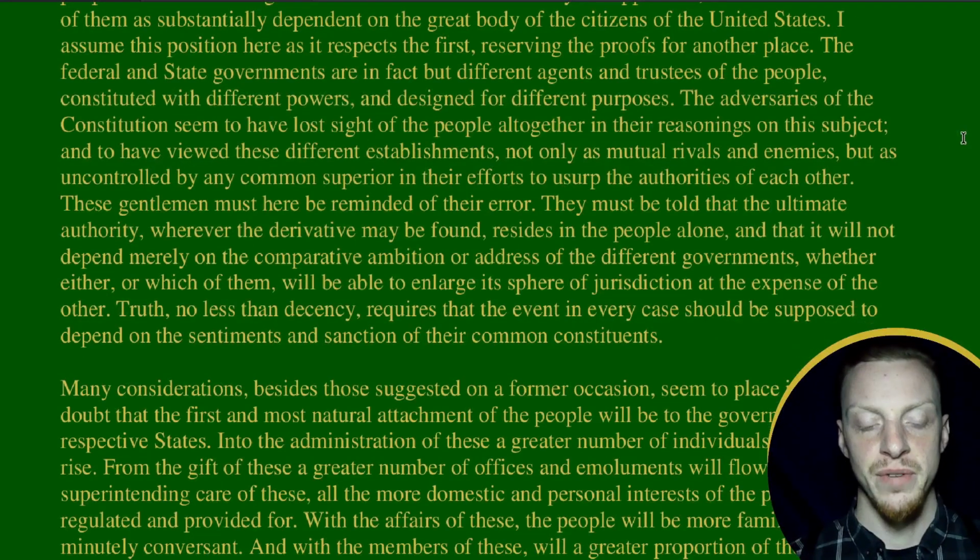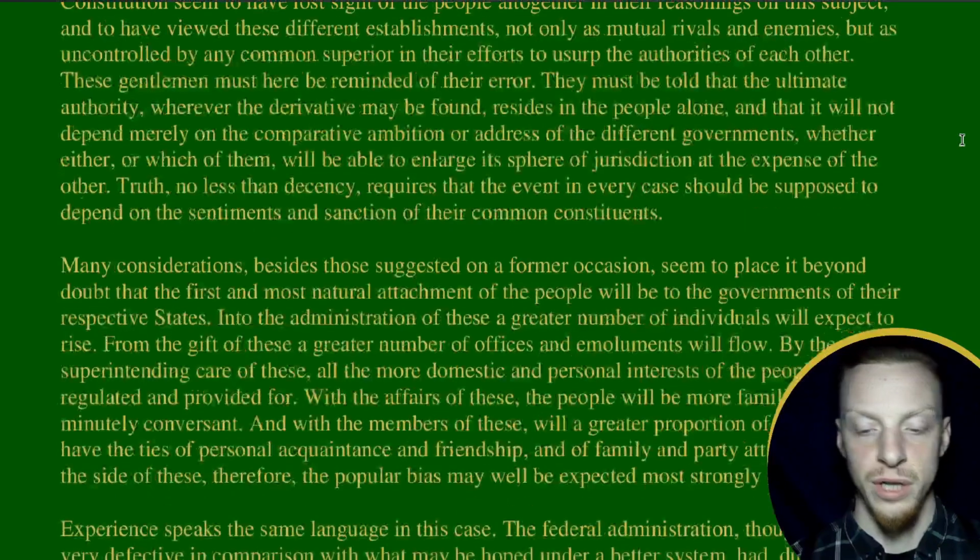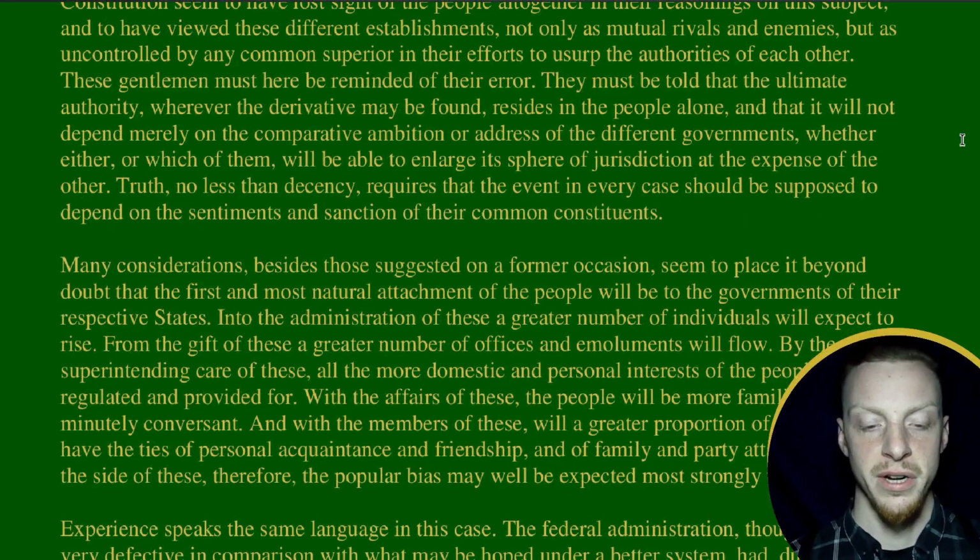The adversaries of the Constitution seem to have lost sight of the people altogether in their reasonings on this subject, and to have viewed these different establishments not only as mutual rivals and enemies, but as uncontrolled by any common superior in their efforts to usurp the authorities of each other. These gentlemen must here be reminded of their error.